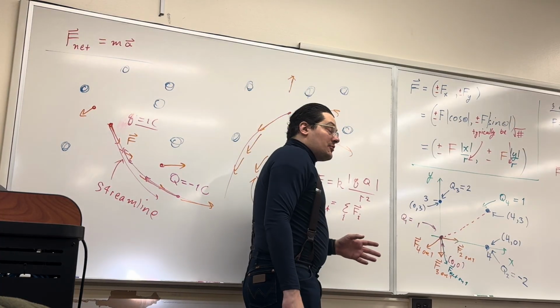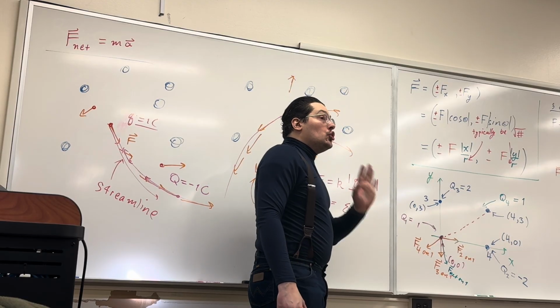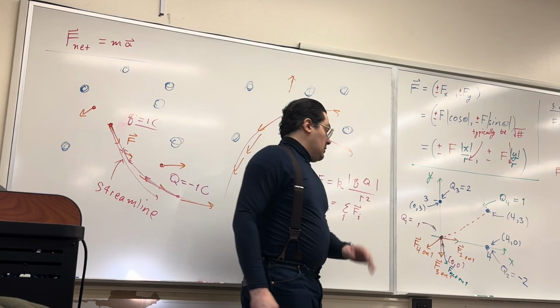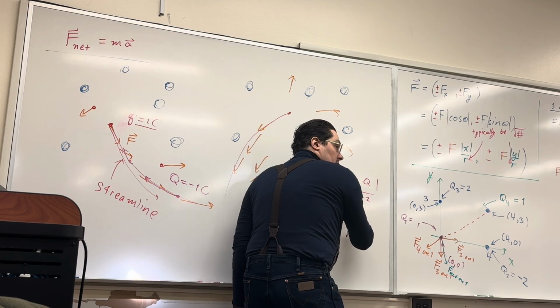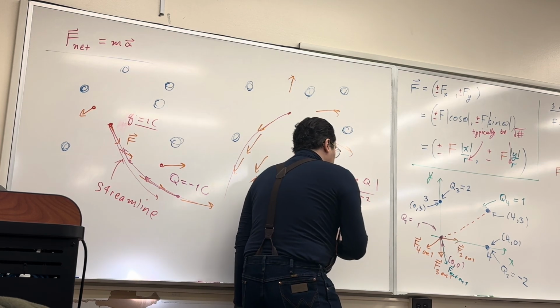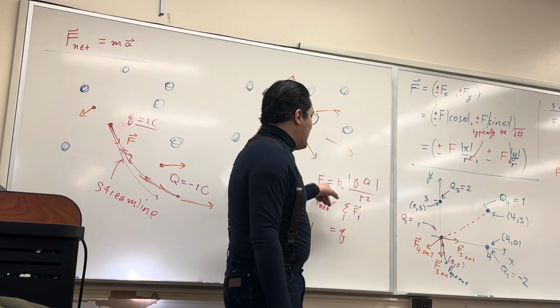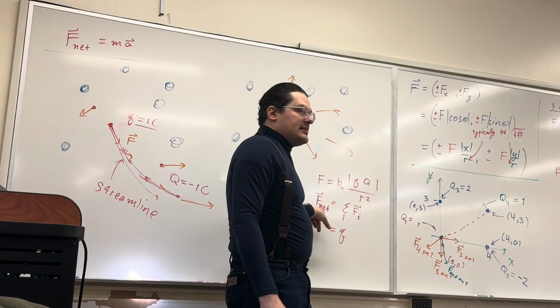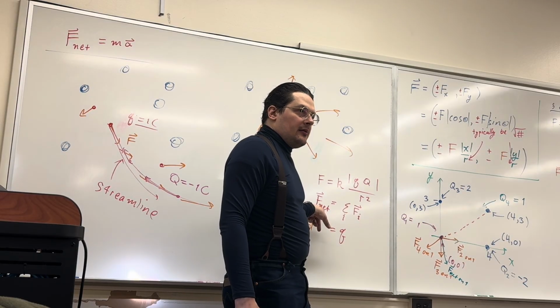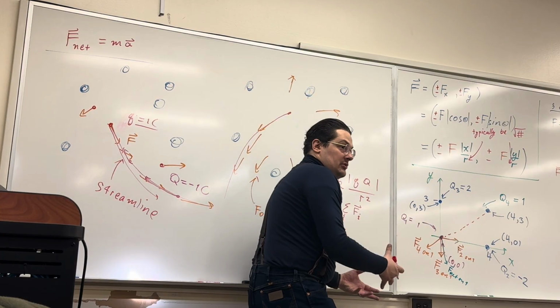So what's a natural thing to do is to say, okay, instead, define a new quantity. Define a new quantity here that is Q, and this is a magnitude, that's absolute value. This is not a magnitude, so the sign matters. That's Q, which could be positive or negative, times something else.